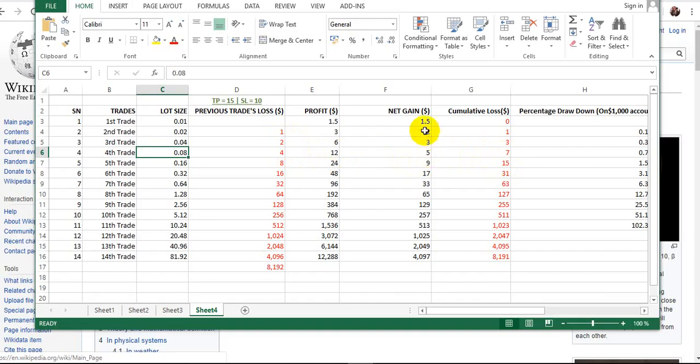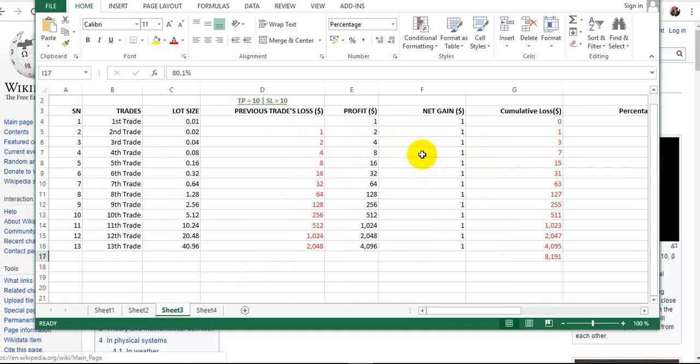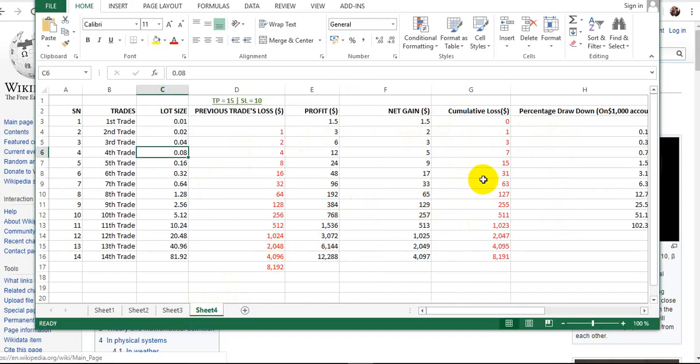So we see that in this scenario, no matter how we increase our lot size and no matter how much cumulative loss we are accumulating, we keep on earning just one miserly dollar. But here, as the trades progress, if we have more trades, we keep on getting more and more.